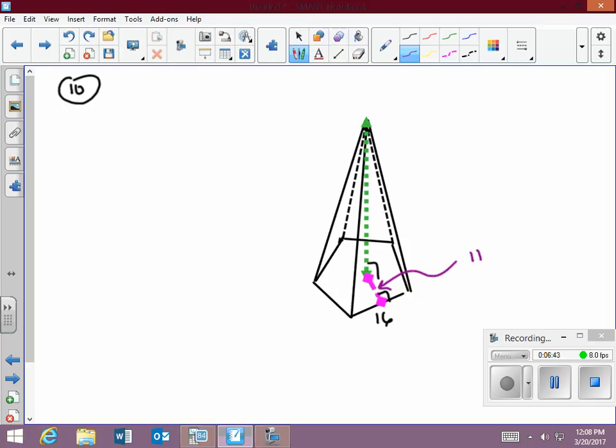And that height is 19 point. This right here is 19.2. So the formula for the volume is 1/3 of the area of the base times that height.